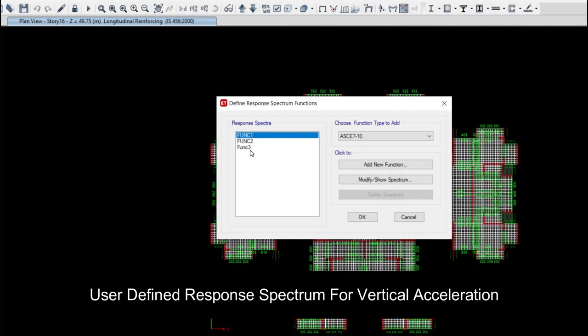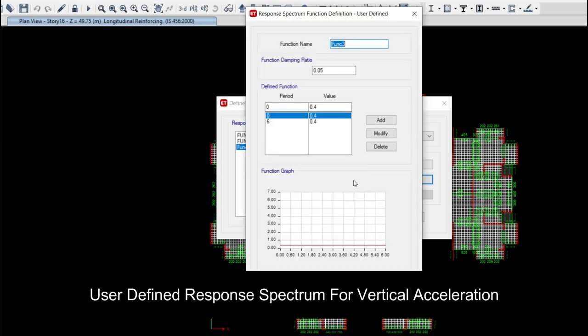But for the Z direction, there is no such standard function, so we define a user defined function, and here the response spectrum values are very simple. At 0 second, the SA by G value is 0.4, and at 6 second also it is 0.4. So that spectrum looks like a horizontal line, which we have already seen.